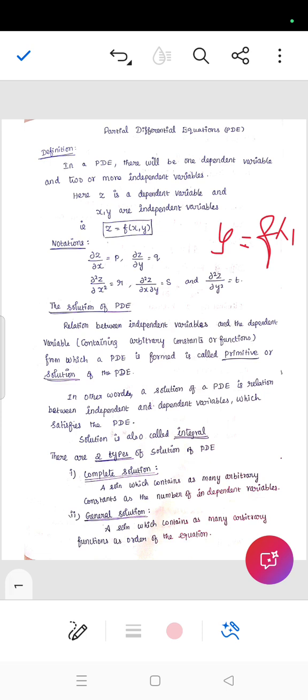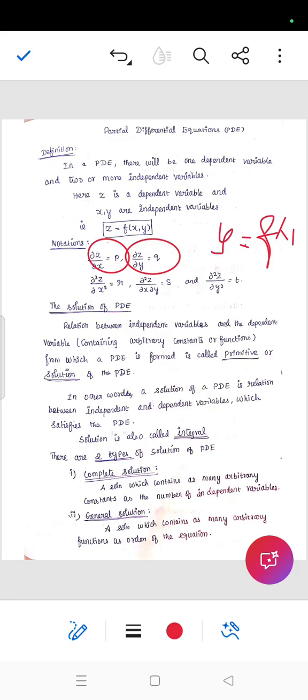If we differentiate z partially with respect to x, it is given by dou z by dou x equal to p. And if we partially differentiate z with respect to y, we get dou z by dou y equal to q.